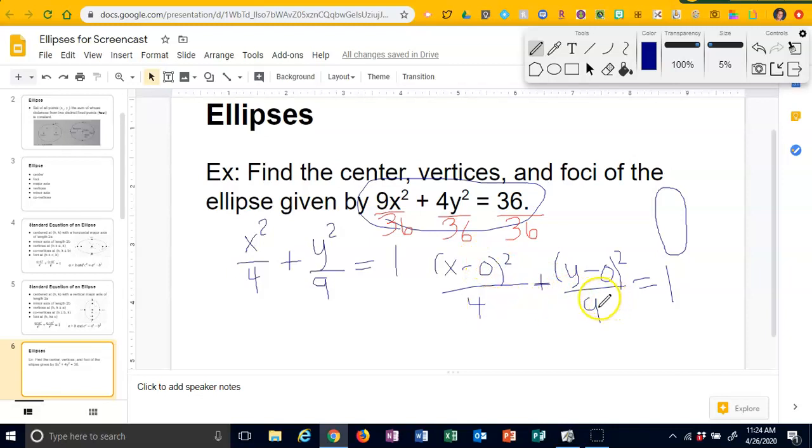This is a squared, because I have a vertical one. So a squared is 9, and a is therefore 3. And b squared is 4, so b must be 2.